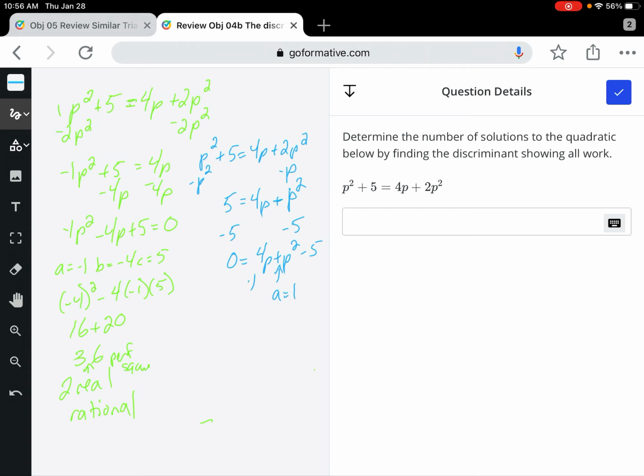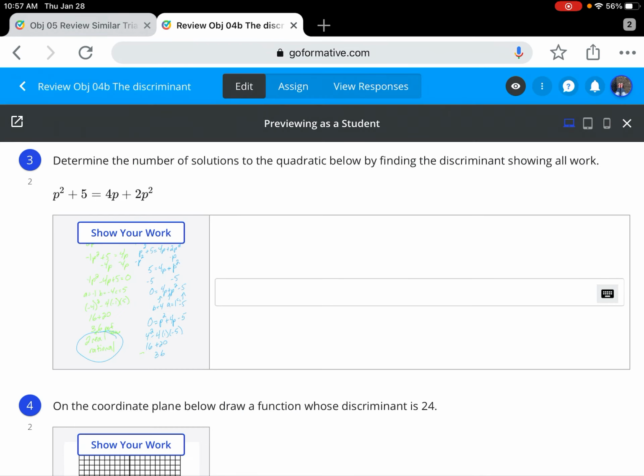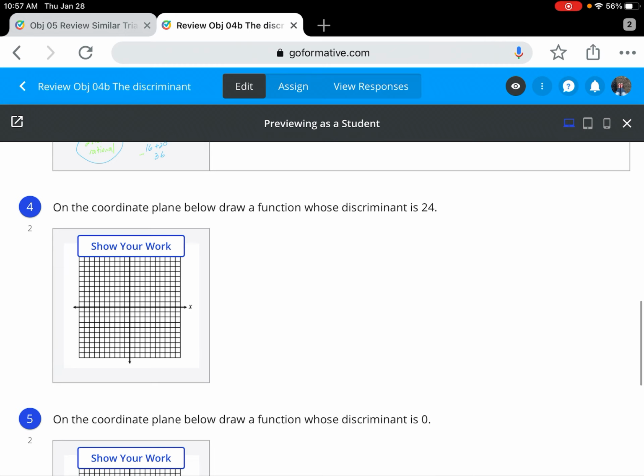You can rewrite this, but in this case, A would be 1, B would be 4, and C would be -5. If you need it rewritten, you always go your squared term, then your plain x term, then your constant. If I plug this into the discriminant, this is going to be b squared minus 4 times a times c. I still end up with 16 plus 20, which is 36, and you still end up with the same answer here.